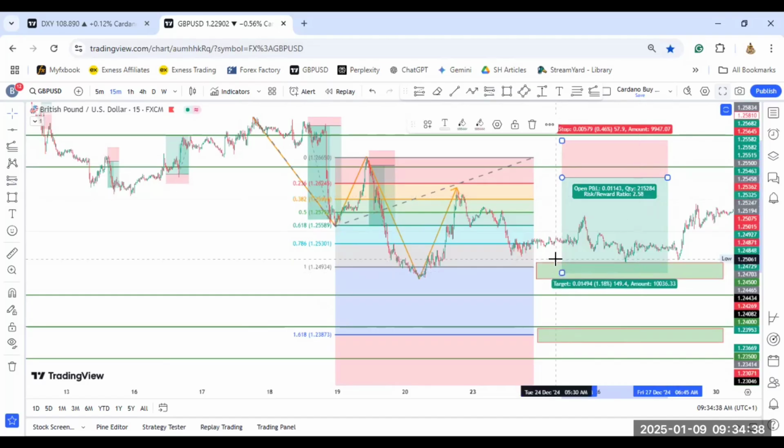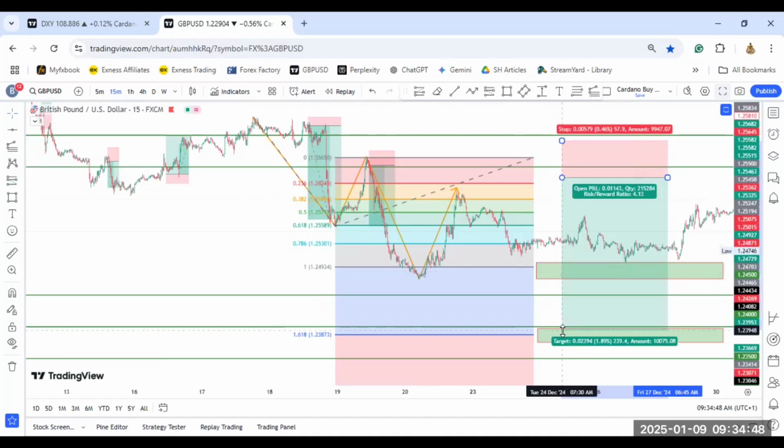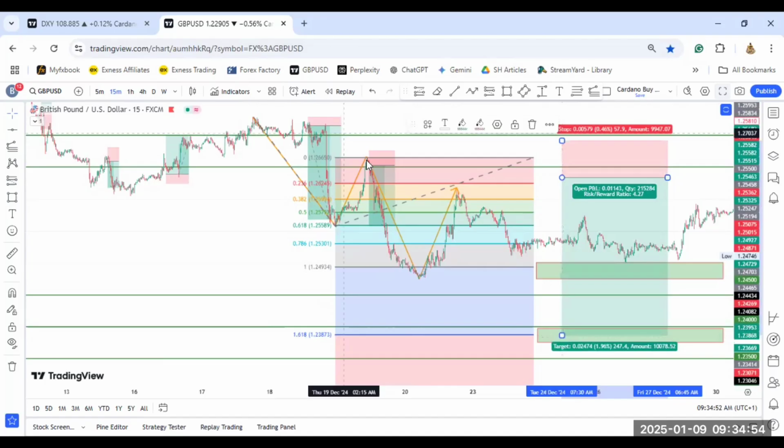And since it is a downtrend, you can as well target this as your TP1, your take profit one, and then you extend it down to your take profit 2. So remember, you entered around here, which means this point has not played out yet.